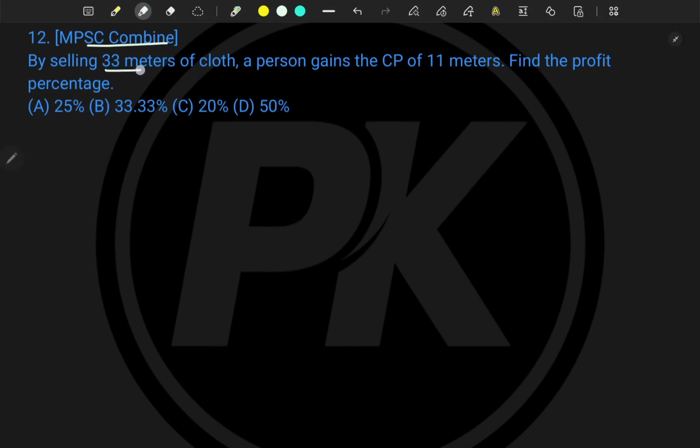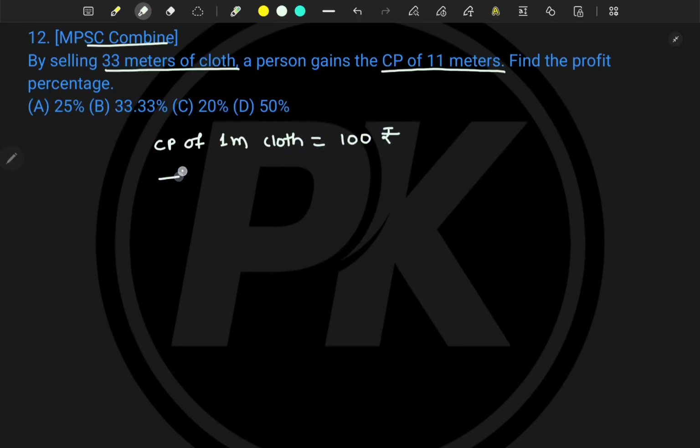By selling 33 meters of cloth, a person gains the cost price of 11 meters. Find the profit percentage. So it is asking to find the profit percentage. Now, let's say the cost price of 1 meter of cloth is 100 rupees.